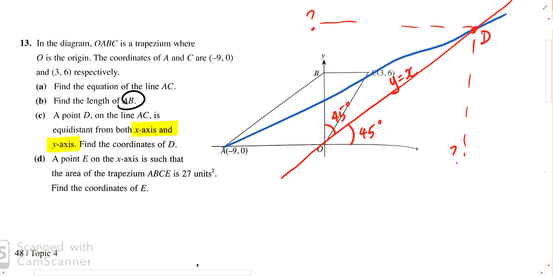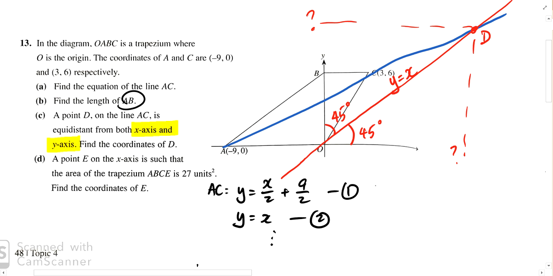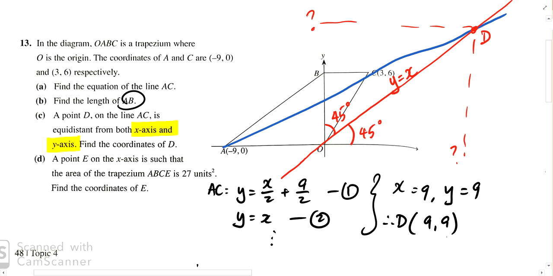This will be our point D. So doing the simultaneous equation, I've got AC equation to be y equals x over 2 plus 9 over 2. That's equation number 1. Second equation, y equals x, equation number 2. Continue to solve them simultaneously, we get x equals 9, and of course y must also be equal to 9. So D will be (9, 9).